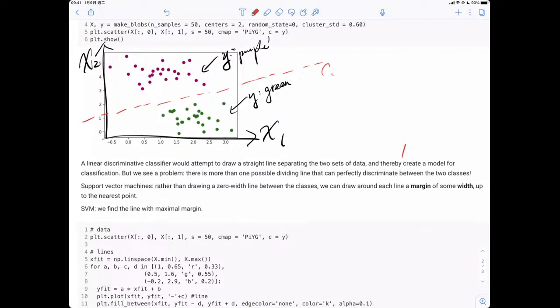So that is very important. The model we create right here is only for classification.